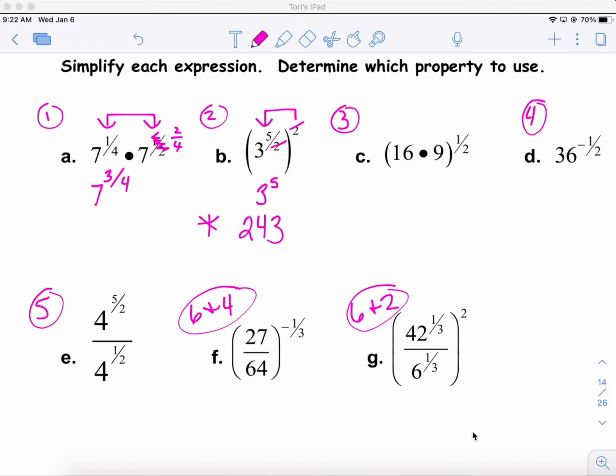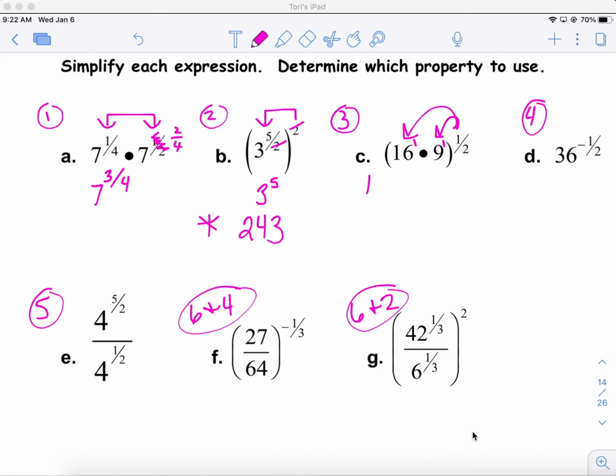Problem number 3, whenever you have a multiplication inside, and that might look something like 5x, or it might look like 16 times 9, you are going to distribute the outside exponent to both of the exponents inside. Both of them have little imaginary 1s right here. The only time this does not work is if you had a plus or a minus in the middle. As long as it's all one multiplication term, you are still good to distribute.